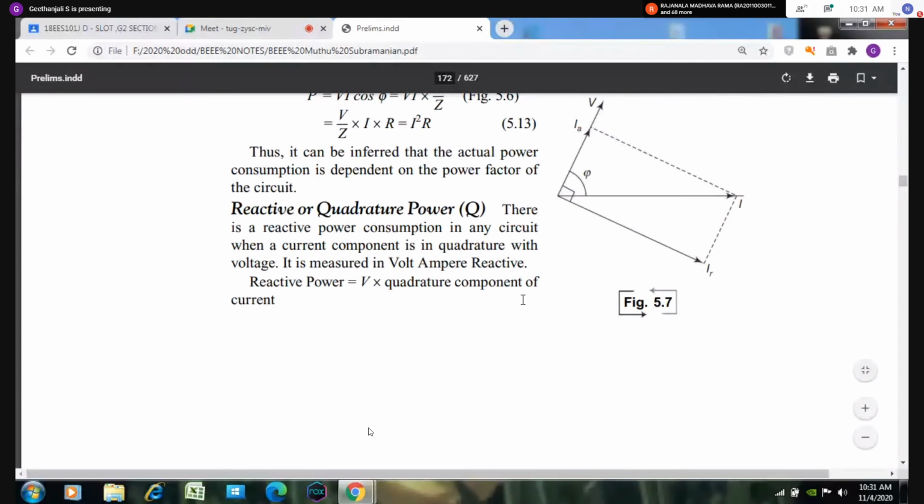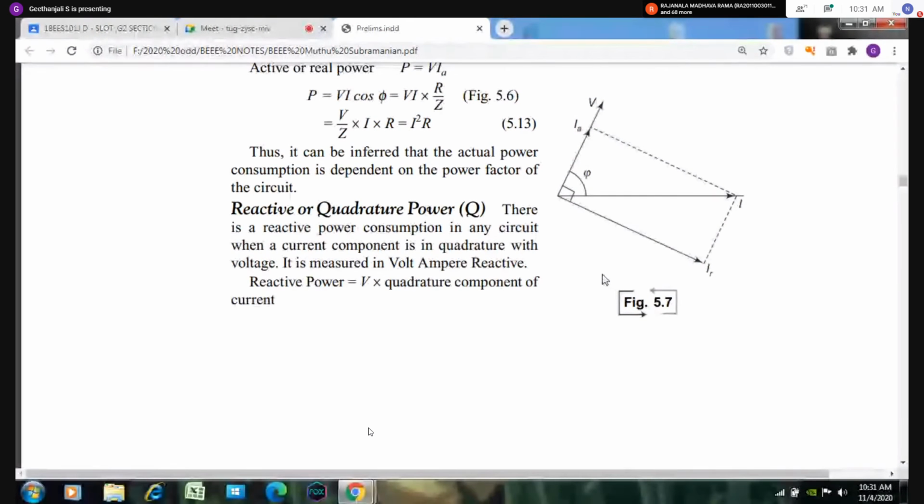The quadrature power, denoted by Q, is called the reactive power, right? There is reactive power consumption in any circuit when a current component is in quadrature with voltage. That is the reason it has a 90-degree phase shift.